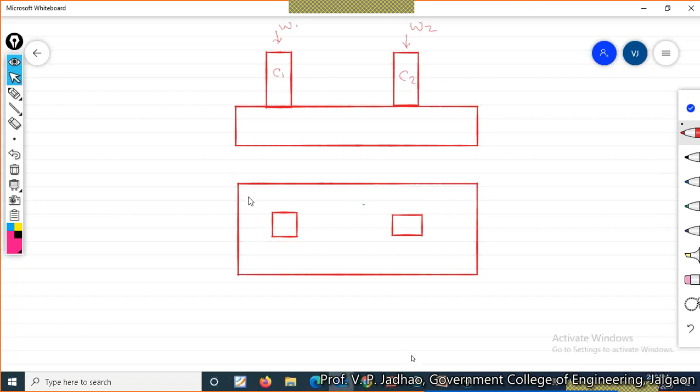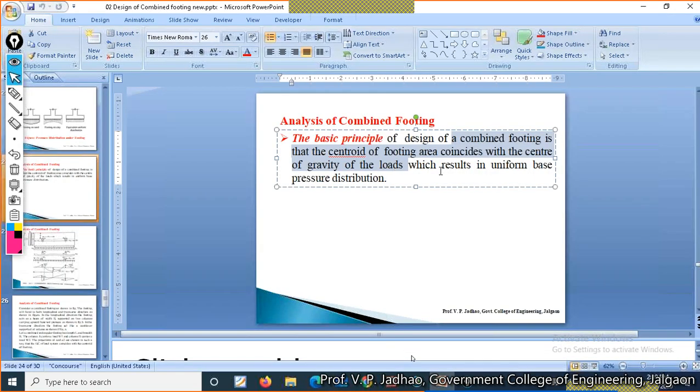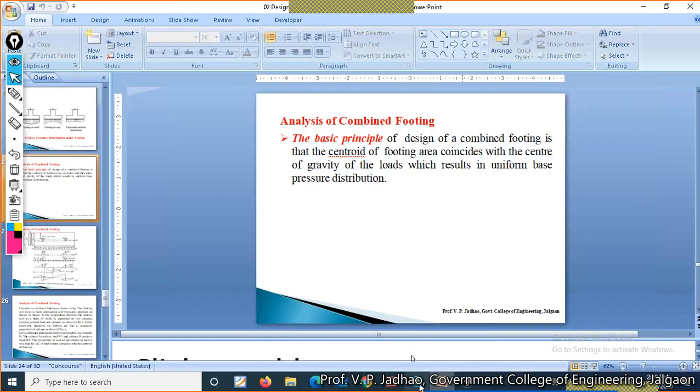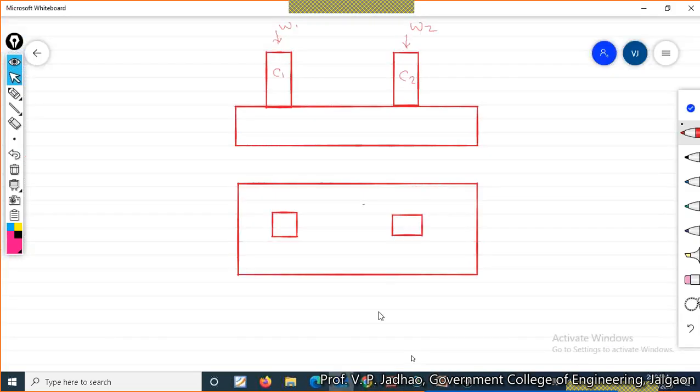Now the basic principle says it results in uniform base pressure distribution. So we'll design this particular footing in such a way. Let us assume that the centroid of W1 and W2 is acting at this particular location.